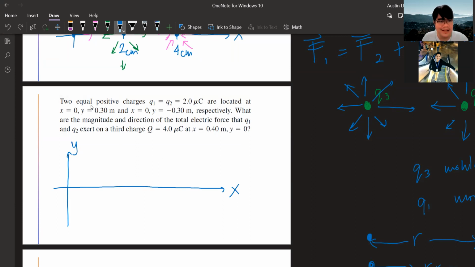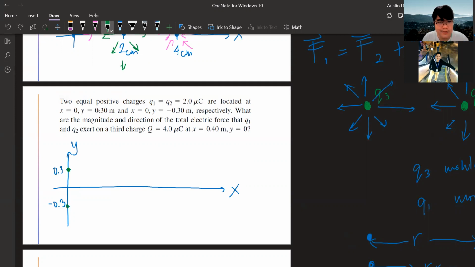Tapos, ano meron tayo? 2 equal positive charges, Q1, Q2, 2 microcoulombs, located at x0, y.3 meters. So, meron ka daw sa 0.3 and another one at negative 0.3. Okay? So, nasa baba siya. And you have charges there of 2 microcoulombs. So, drawing tayo ng green for charges.